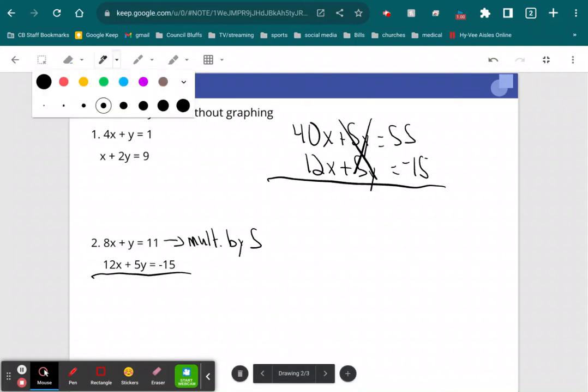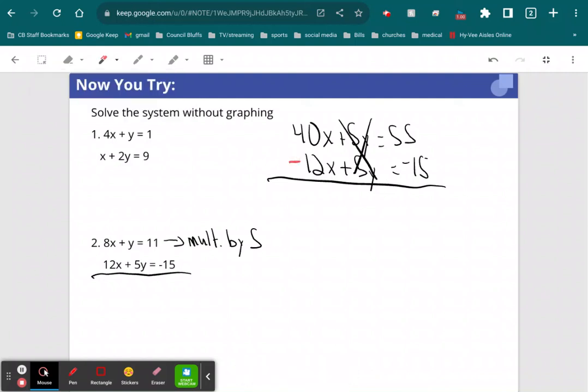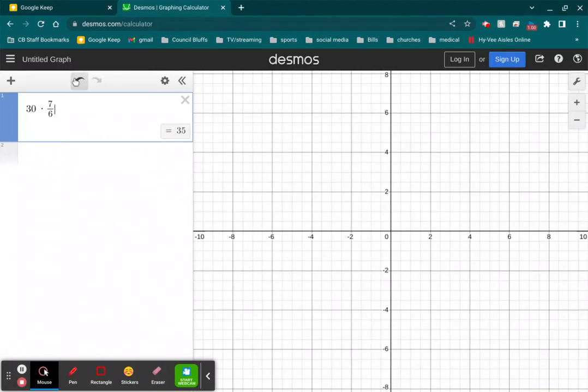So 40x minus 12x is going to be 28x. And then be careful here. This creates a double negative. This is not 55 minus 15. It's 55 minus negative 15. If you don't know how to do that, use a calculator. 55 minus negative 15 is not 40, it's actually 70.